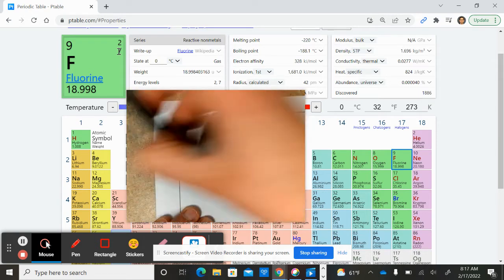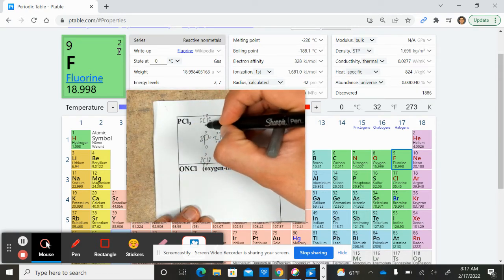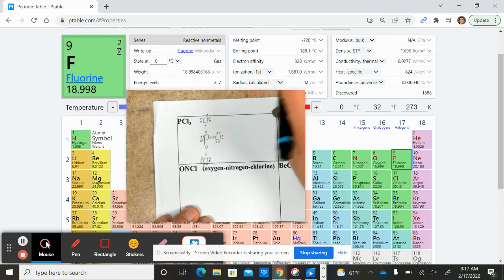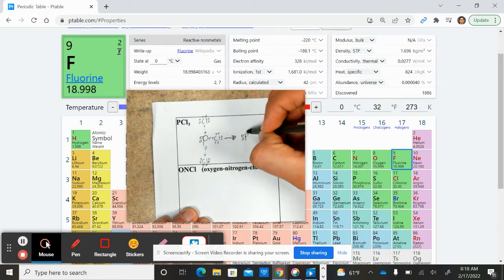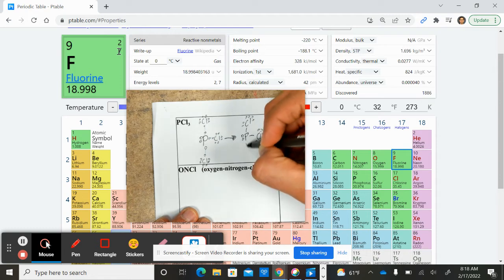And there it is. So my 7 dots for chlorine, I connect, connect, connect, and redraw. So it's going to be phosphorus, chlorine, chlorine.